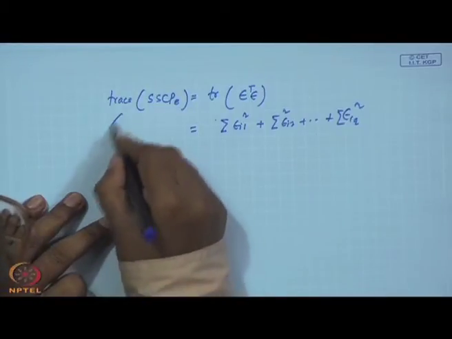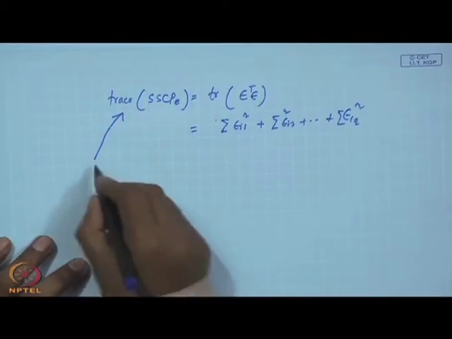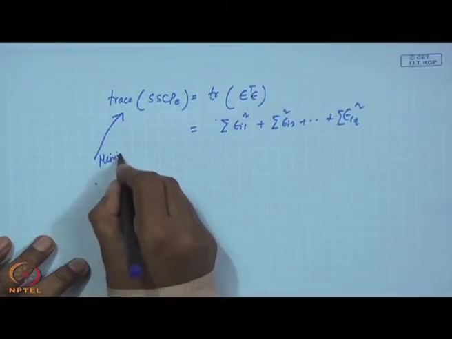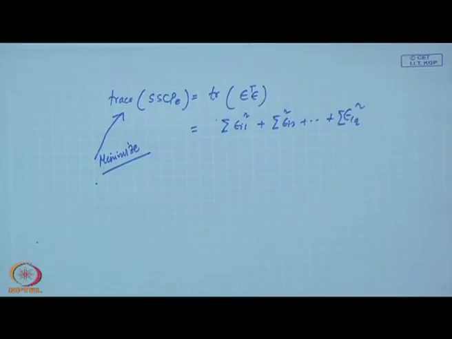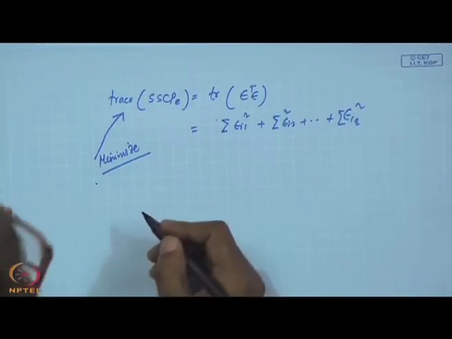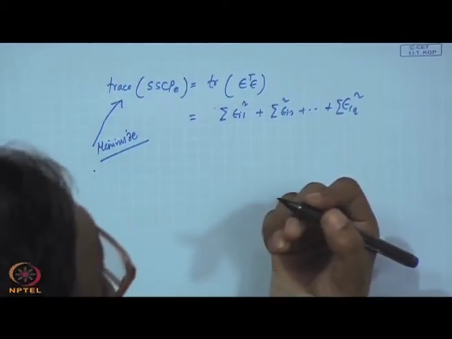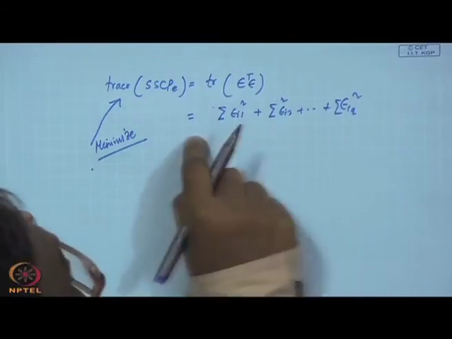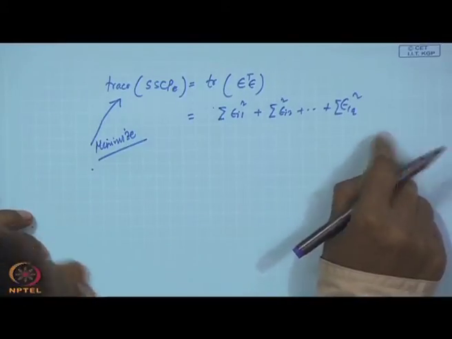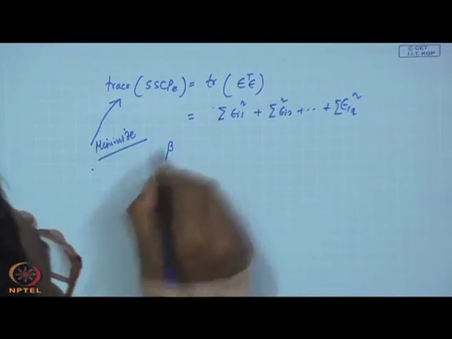So, we will minimize the trace, that is your aim. You have to minimize the trace. Now, how do you minimize? What is your control here? Your control is that you want the estimate in such a manner that this is minimized. So, your control is beta.